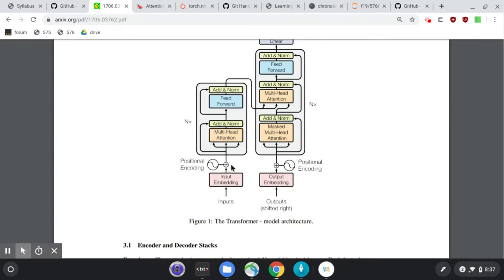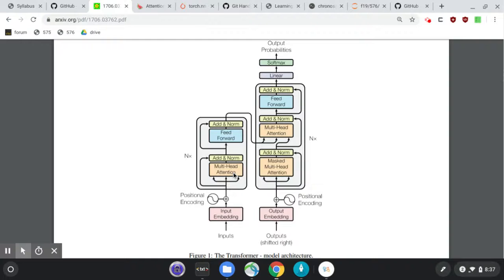We have all the words, and then we want to do the translation. So the way we're going to do the translation is, first, given this whole sentence, we'll first give the start. Start and the inputs should produce the first word, the first translated word, or for example the first word of the auto reply.